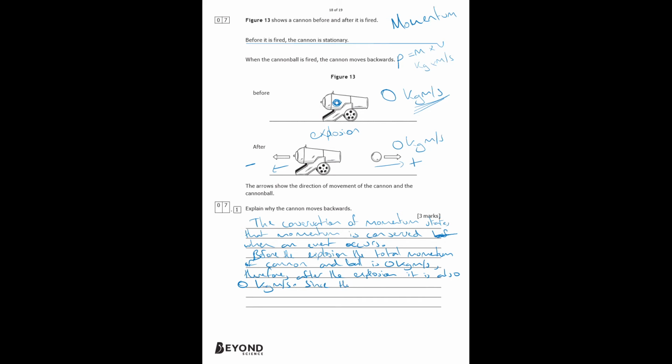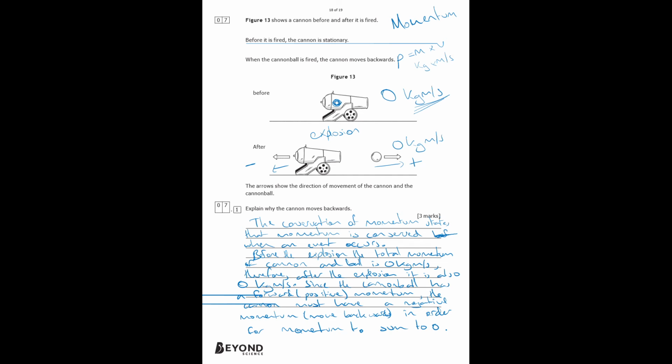Since the cannonball has a forward, or I'm going to say positive momentum, because I'm saying that's a positive direction, the cannon must have a negative momentum (brackets: move backwards) in order for the total momentum, or should I say the momenta, to sum to 0. Okay.